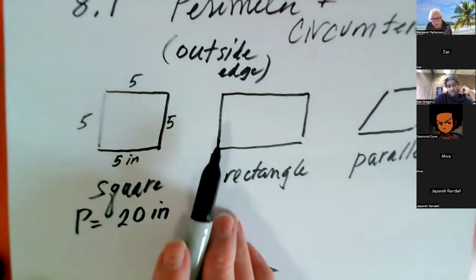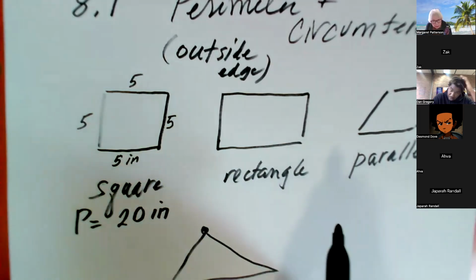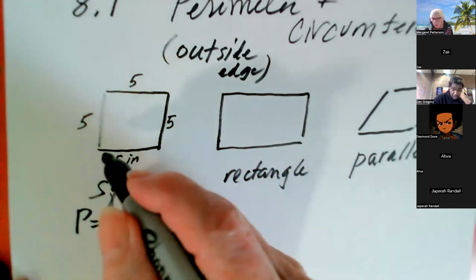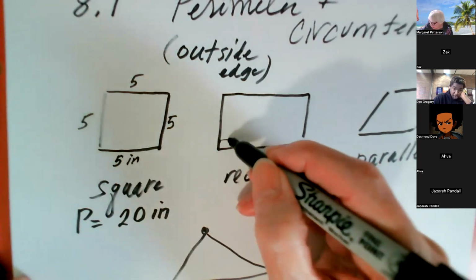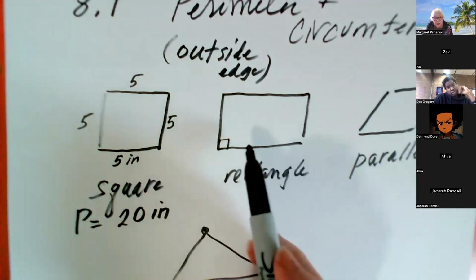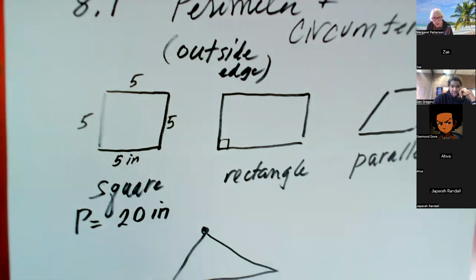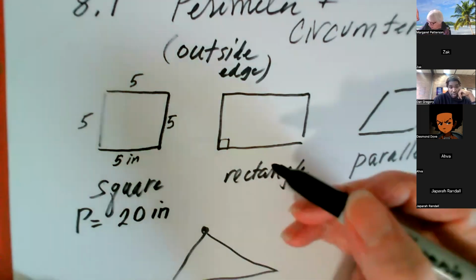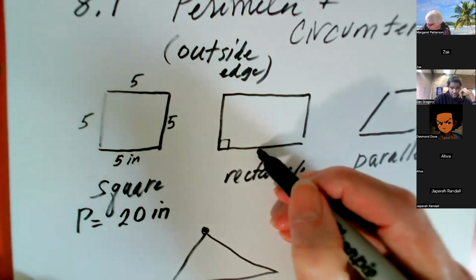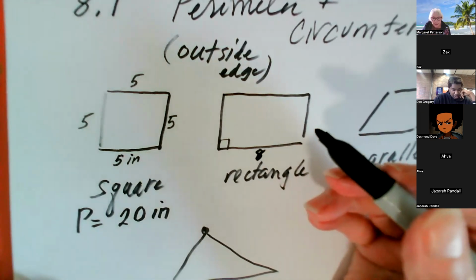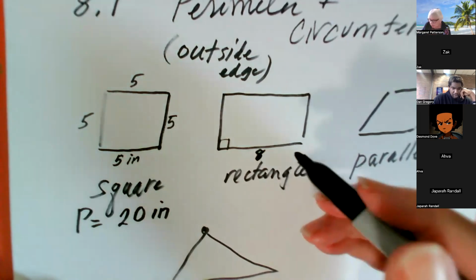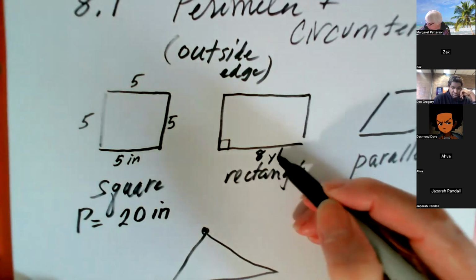If you had a rectangle, and they say it's a rectangle, the thing about the square and the rectangle is the sides are perpendicular. In other words, 90 degrees. You know what I'm talking about, like the edge of the screen or the edge of a piece of paper. So what happens with a rectangle is, if you know one side, let's do yards.